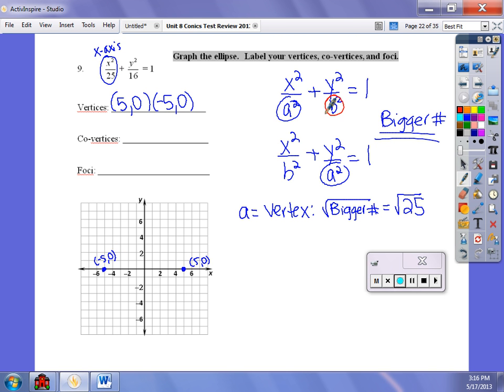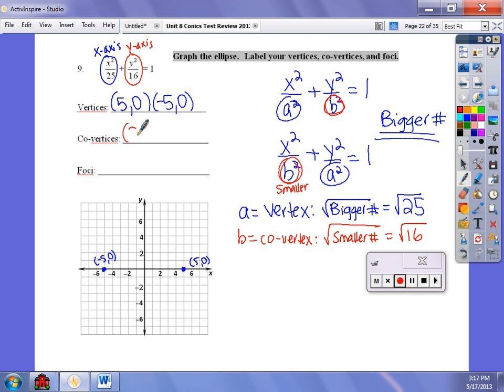My covertex is always b. It's always the smaller number. So b is my covertex. It will be the square root of the smaller number, where in this case the smaller number is 16. So the square root of 16 is 4. Well, that's on the y-axis, so I have to write it as (0, 4) and (0, negative 4).